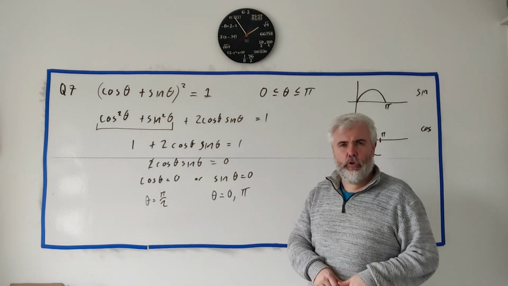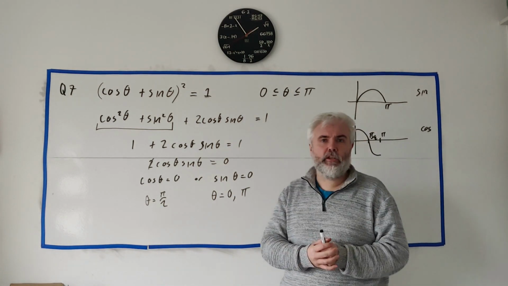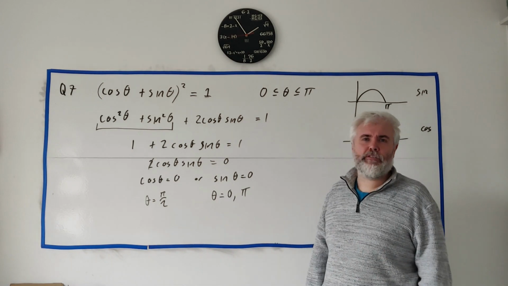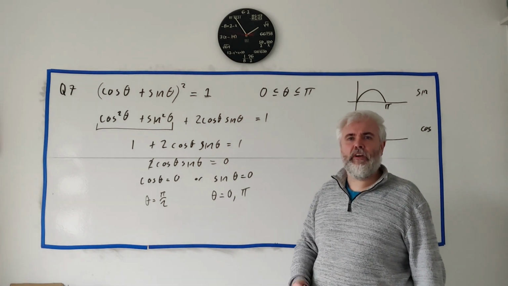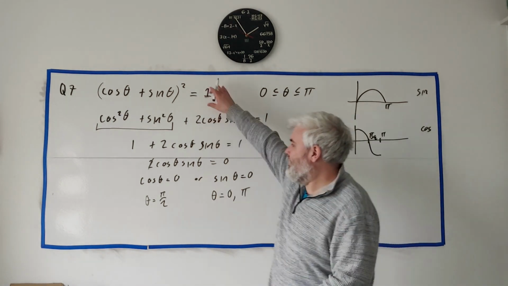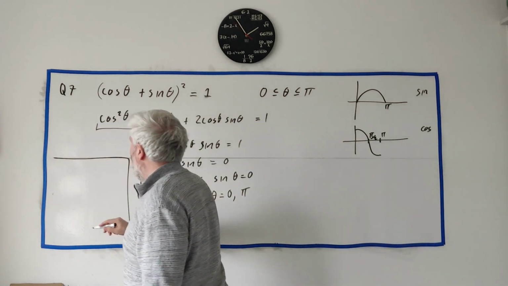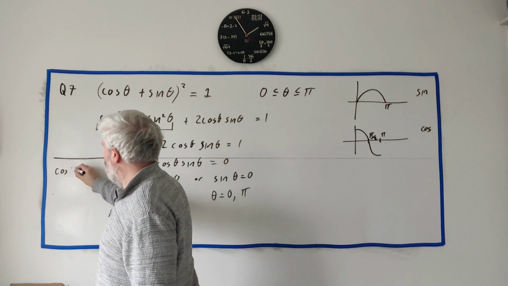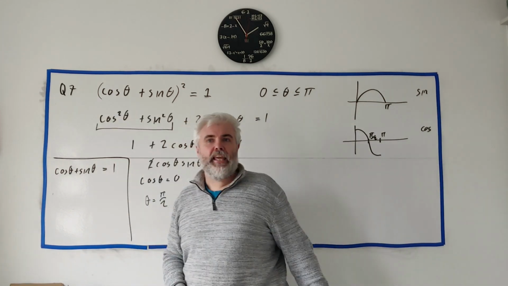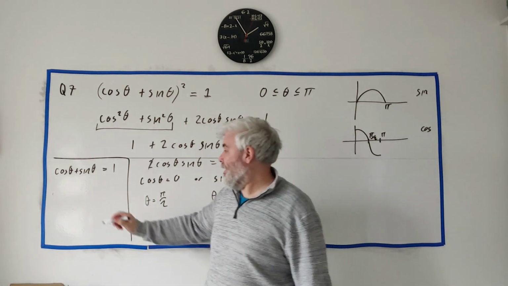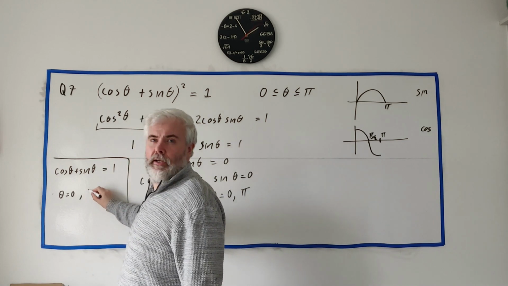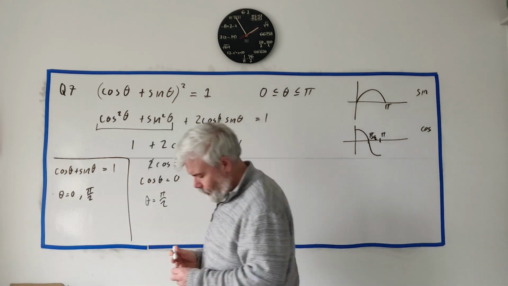Because A part 2, and this is actually a really tricky question. I'm just seeing if I have enough room here, because there's a lot I want to say about this question. So part 2, it says verify that the only solutions to, not this equation, let me write it over here, the only solutions to this equation, cosine theta plus sine theta equals 1, is theta equals 0 and pi over 2.